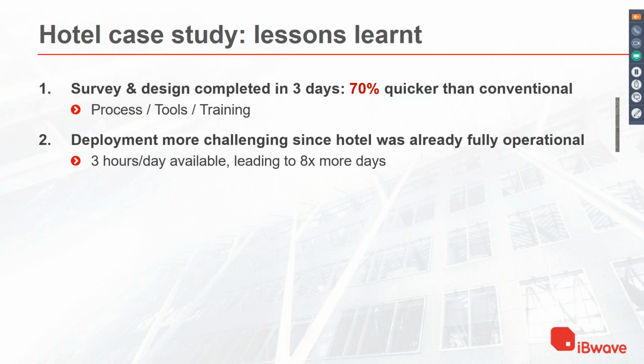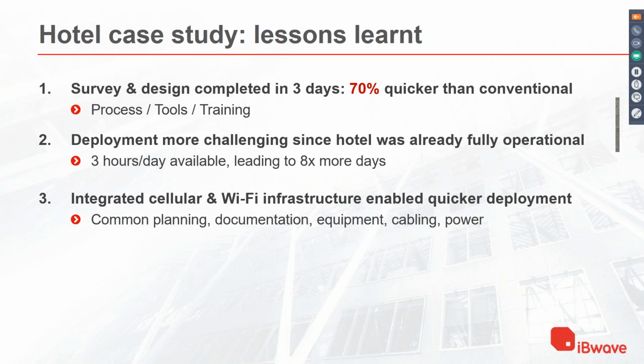What that means is that if it takes so many days to do the deployment, we multiply this by 8, and that's what happened here. So that points to the importance of doing a proper survey and a proper design and getting it done right. Because if you don't, the time it takes and the cost are going to be multiplied if you have to go back and do more work. So I think that's an important learning.